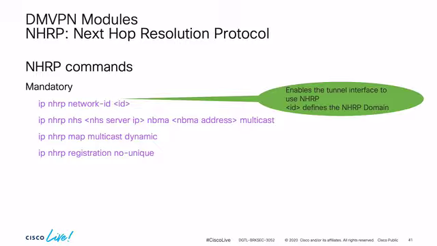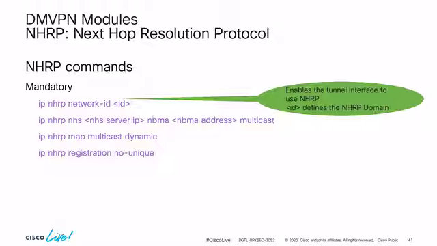As far as a spoke is concerned, the next hop server is going to be the hub. So you need to have a static entry for the next hop server, and the NHRP mapping is going to be static as far as the hub and the spoke are concerned. That is why when we go and look at the show DMVPN detail, we would see an entry between the hub and the spoke defined as a static entry.